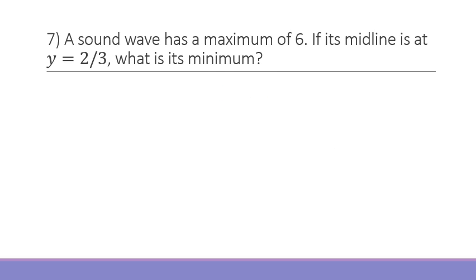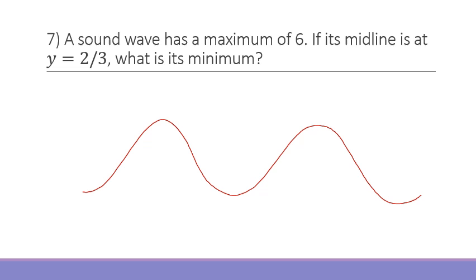A sound wave has a maximum of 6. If its midline is at 2/3, what is its minimum? So let's draw a little sound wave. Maximum of 6. Midline at 2/3. Okay, so amplitude. If we go from 2/3 up to 6, how far have we gone? So that's like 6 minus 2/3.